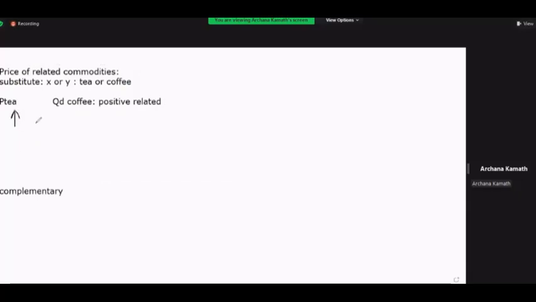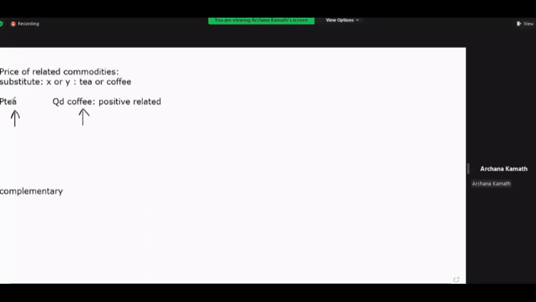What will you do in order to substitute the consumption of tea? Tea is not so affordable to you now, and there is no change in the price of coffee. So will you not shift your consumption from tea to coffee? When the price of tea increases, automatically you will be consuming more coffee.